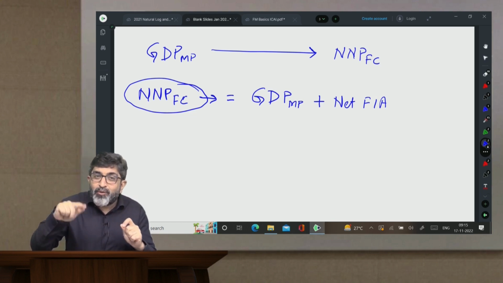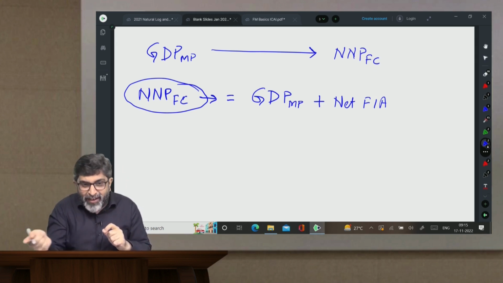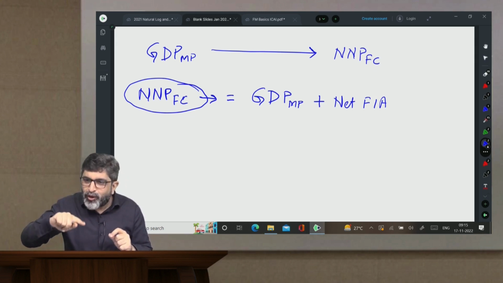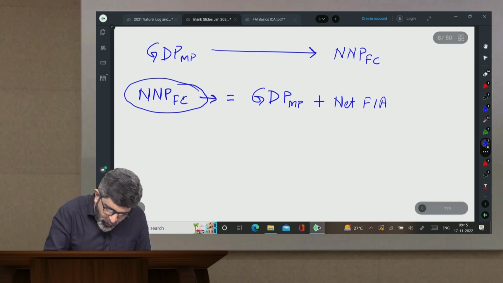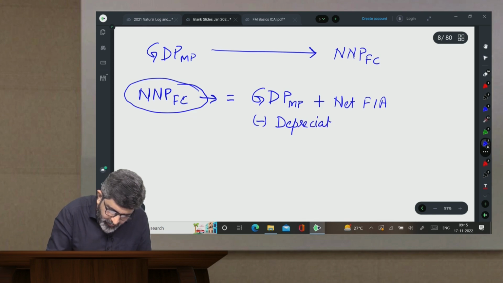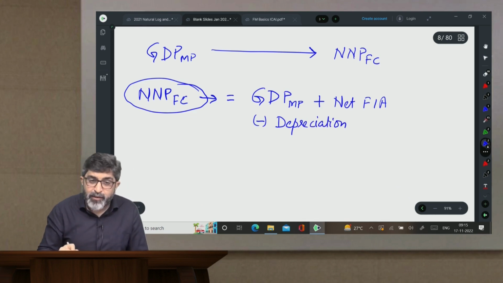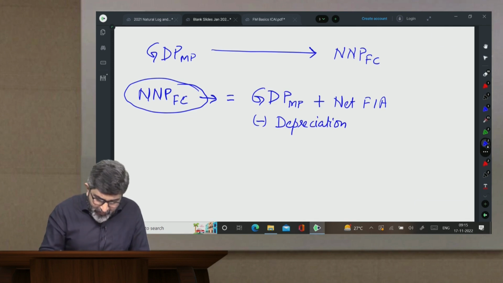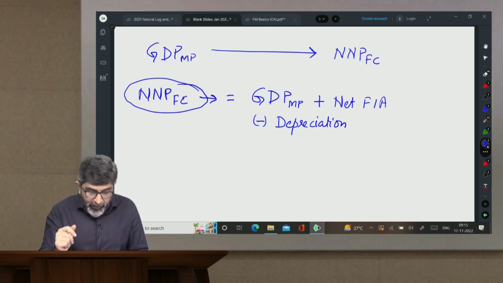Now I have to convert gross to net. Correct? So for that, I will subtract depreciation. Correct? And then if I subtract depreciation, gross got converted to net.